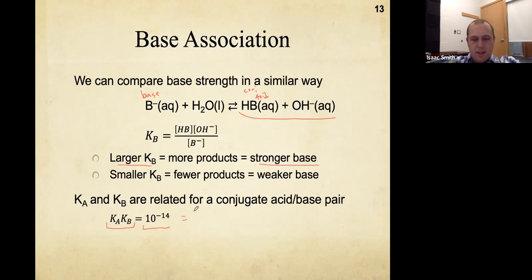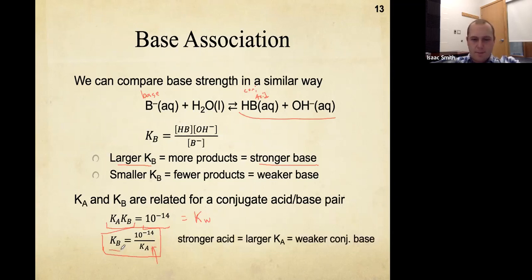This is also sometimes referred to as Kw, and I think this constant might actually be on your equation sheets, but I would double check that. And you can rearrange it. And so if you're given Ka, you're often going to use this relationship here. This is just this expression rearranged. So if you're given a Ka, you can figure out Kb for any Ka.